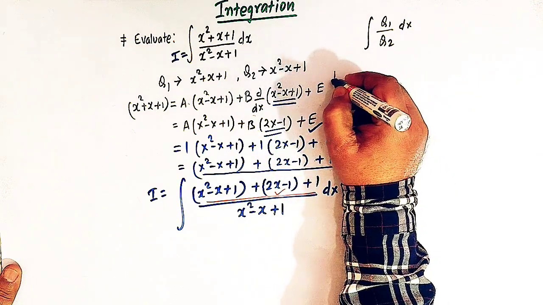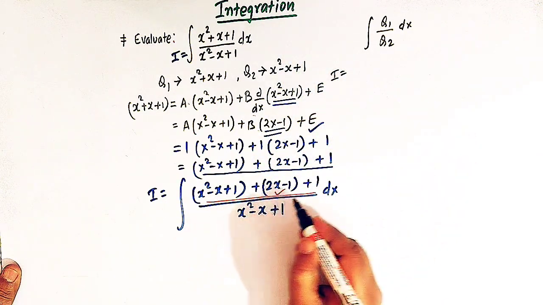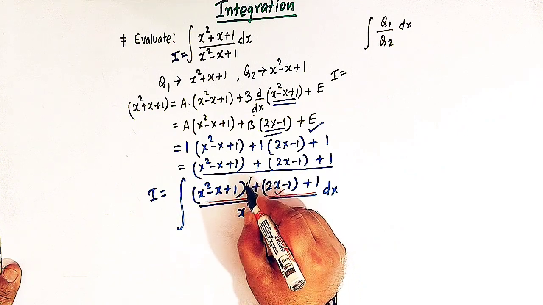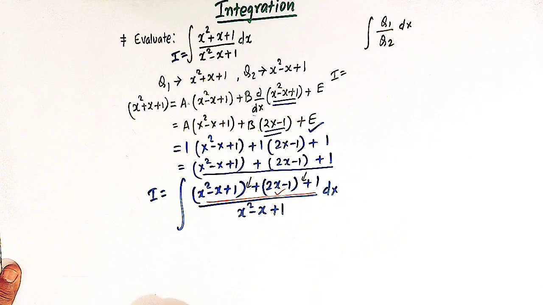So we can now express this integral as a sum of three integrals by splitting this integral at this point and at this point, right?